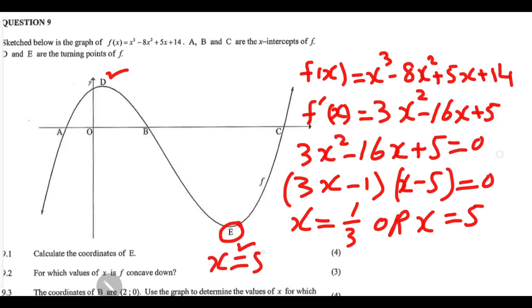x = 5, because this is the positive x-axis and this is the origin, so x = 1/3 will be here, and x = 5 must be somewhere here.